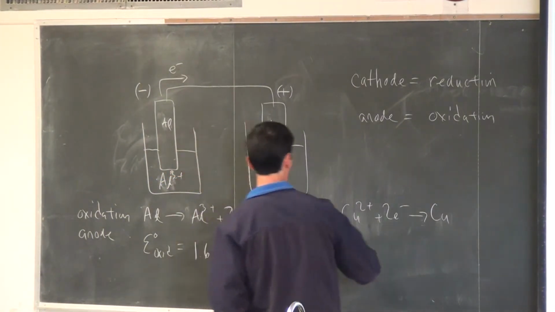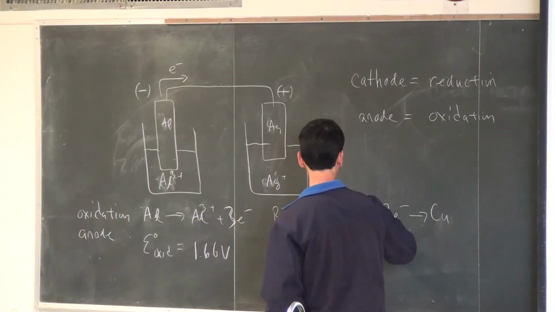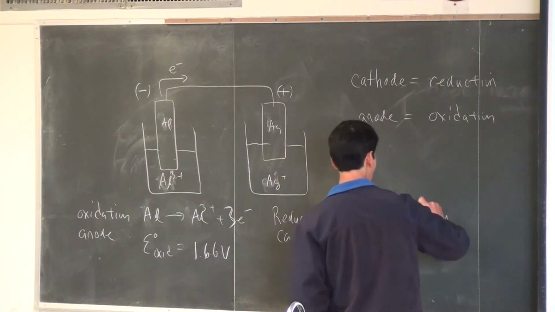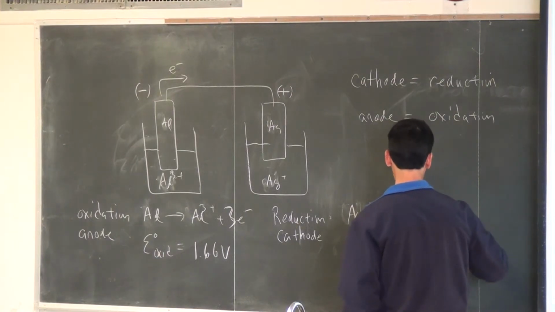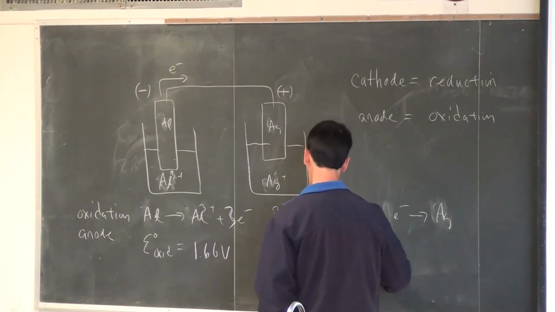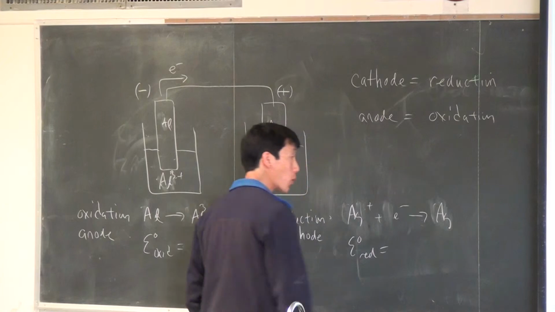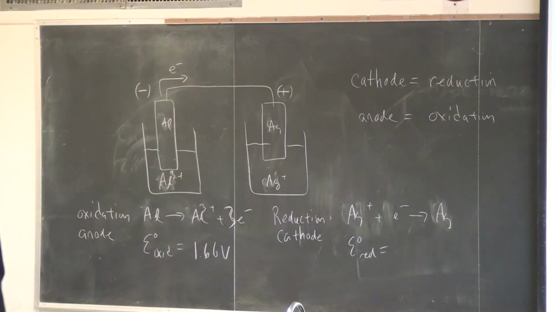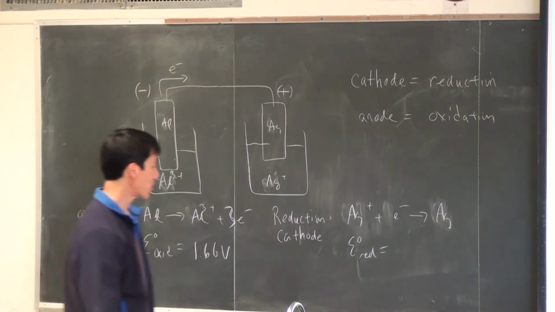And then for the reduction, we're going to reduce the silver ion to silver metal, and this is going to be our E reduction, and that's going to equal 0.8 volts.